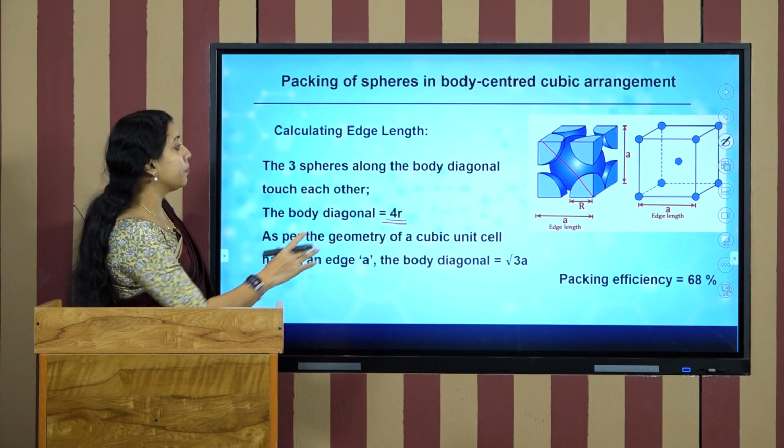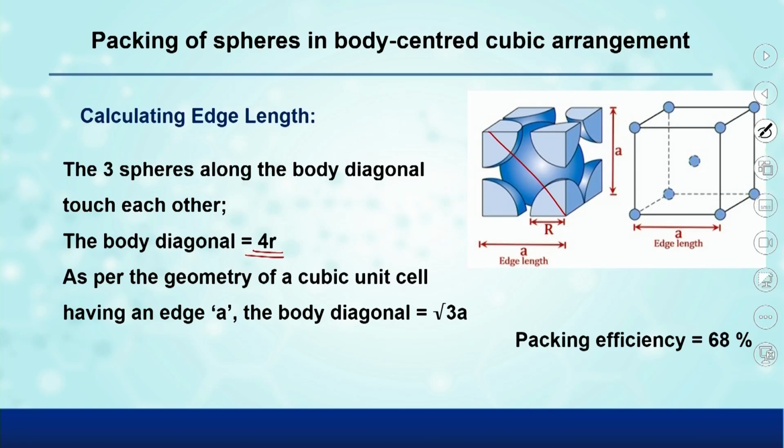Now, as per the geometry of a cubic unit cell having an edge a, the body diagonal is equal to root 3 a. So, 4r is equal to root 3 a. From this you can calculate the edge length.